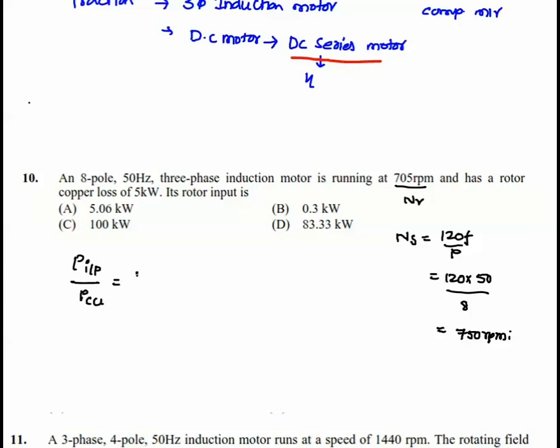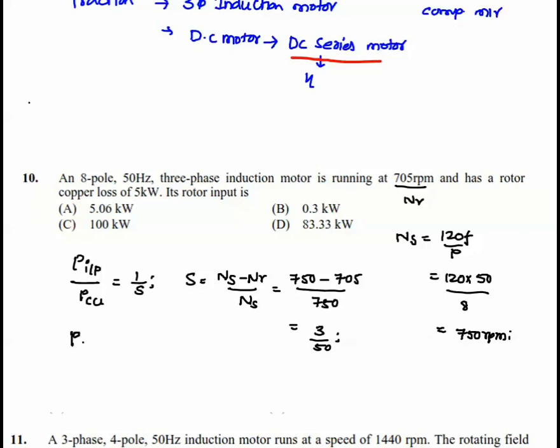The formula here is the power input to the rotor divided by the copper losses is equal to 1 by S. Slip is nothing but Ns minus Nr divided by Ns, that is equal to 750 minus 705 divided by 750. By solving this we get 3 by 50, and we need to find the rotor input.